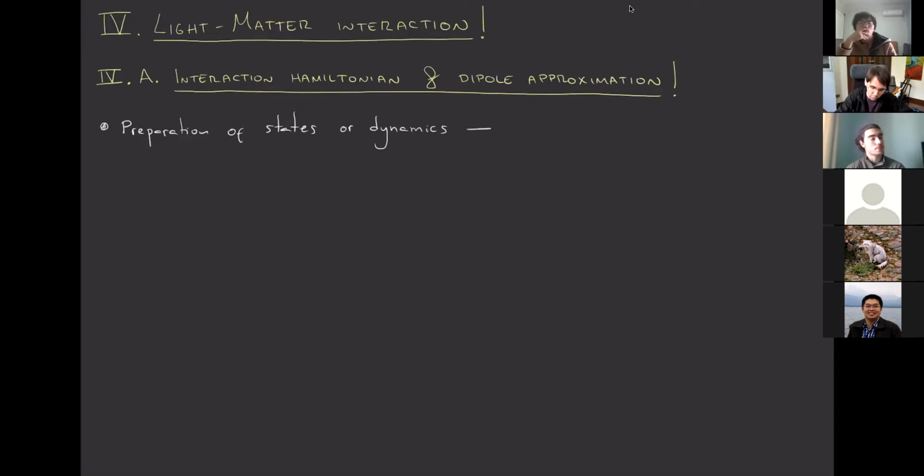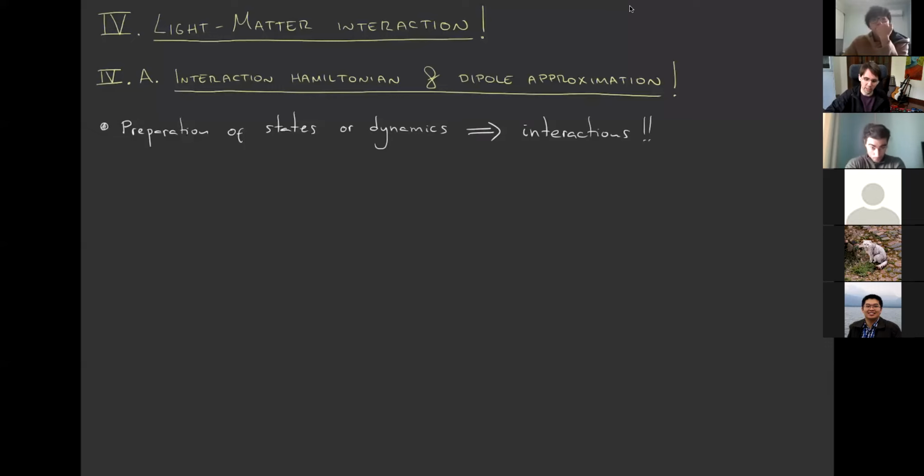this will always mean that we need to put our system, which might be either the cavity or the atom, in contact with another system that we will use to manipulate it. In other words, we always need interactions between our atom and our electromagnetic field, so that we use one to manipulate the other, okay?